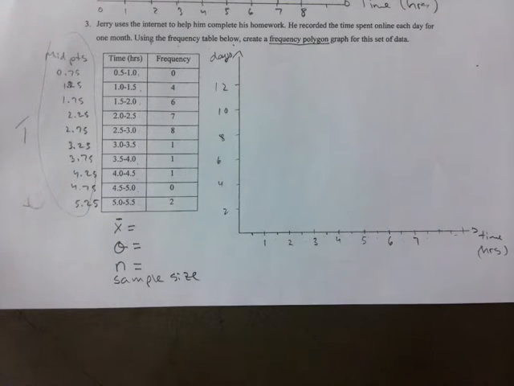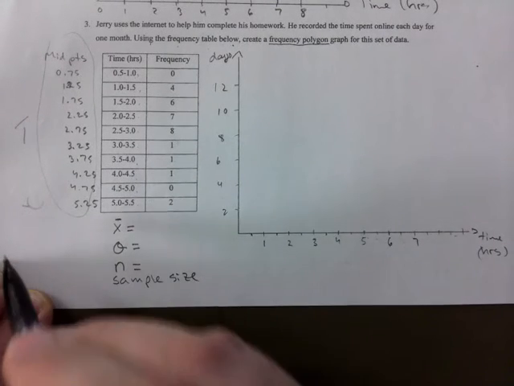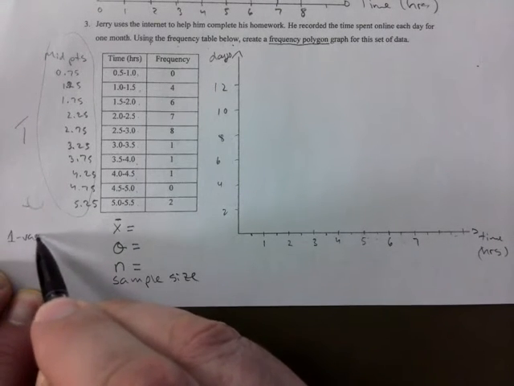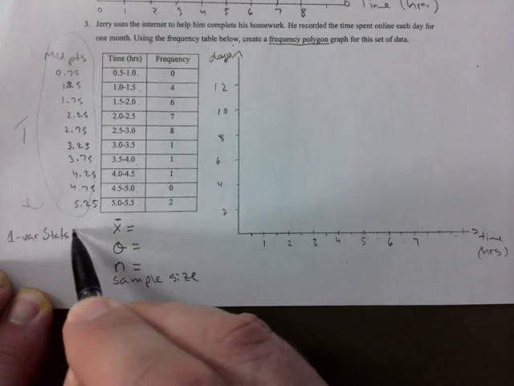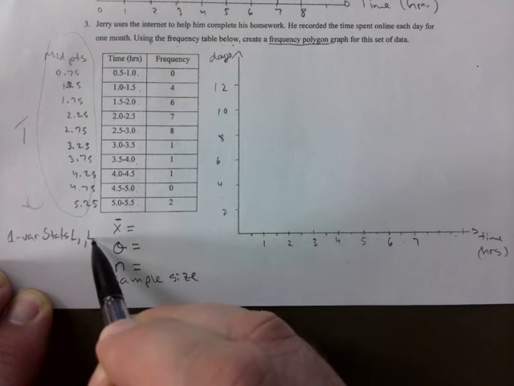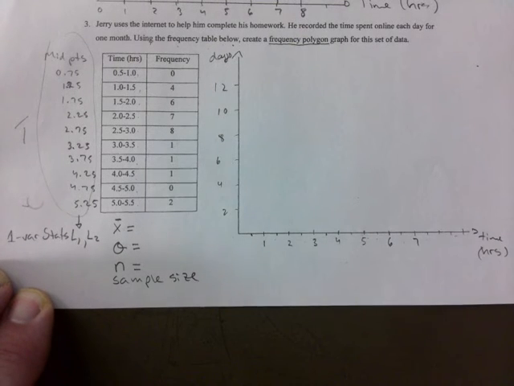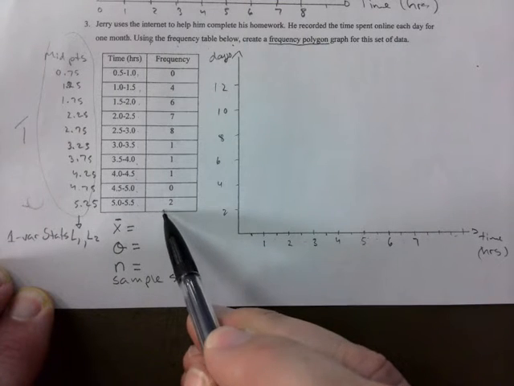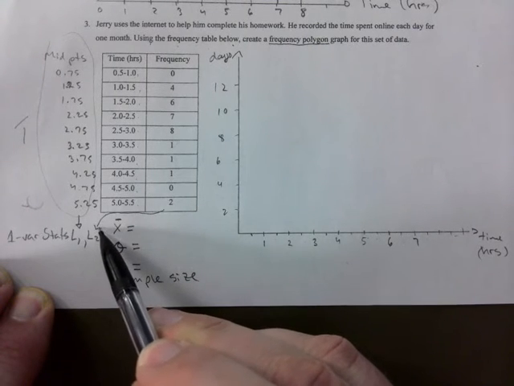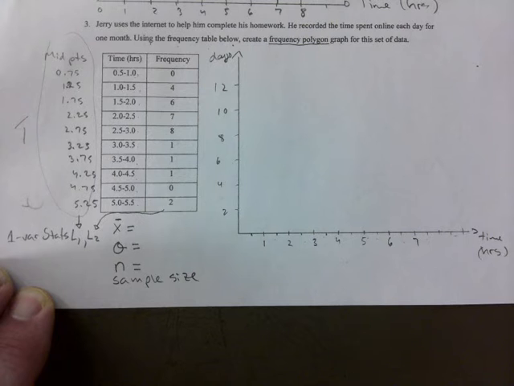Then you need to enter that into, do you remember? To get these, it's 1-Var Stats, and it's L1, L2. The midpoints are entered into L1, and the frequencies are entered into L2. Okay. So what do you get for average?